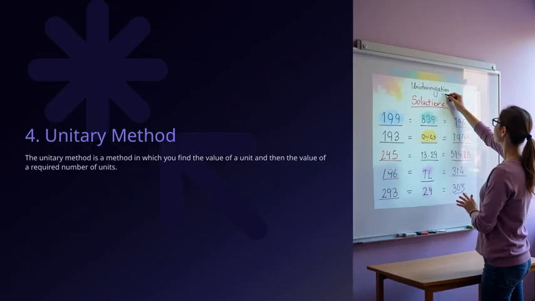Once we know that, we can easily find out the total for any number of units by multiplying. This approach is very useful because it makes calculations straightforward and helps us understand the relationship between different quantities. Throughout this presentation, you'll see how the unitary method connects to many real-world situations, making problem-solving more intuitive and efficient.